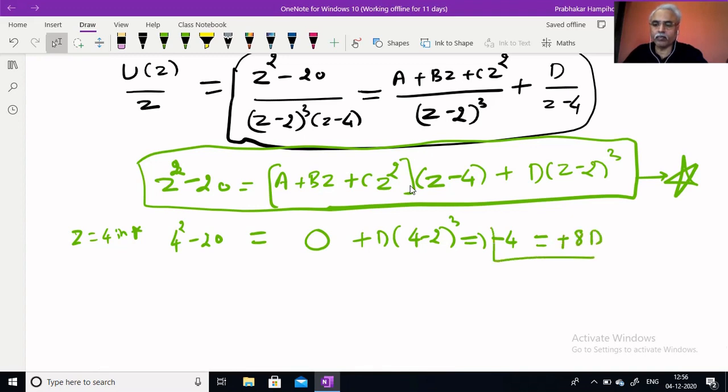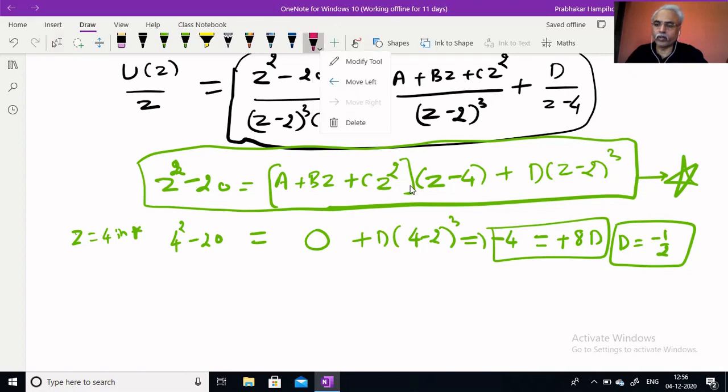And this naturally implies d is −4/8, or d equals −1/2. Let us note down this first value: d equals −1/2.